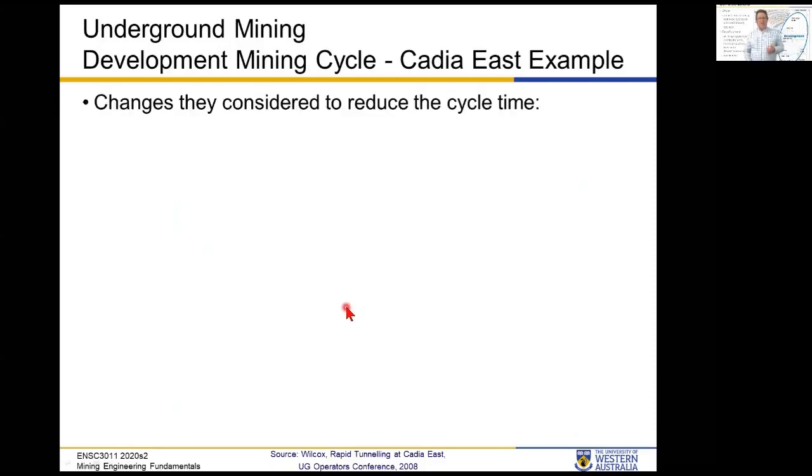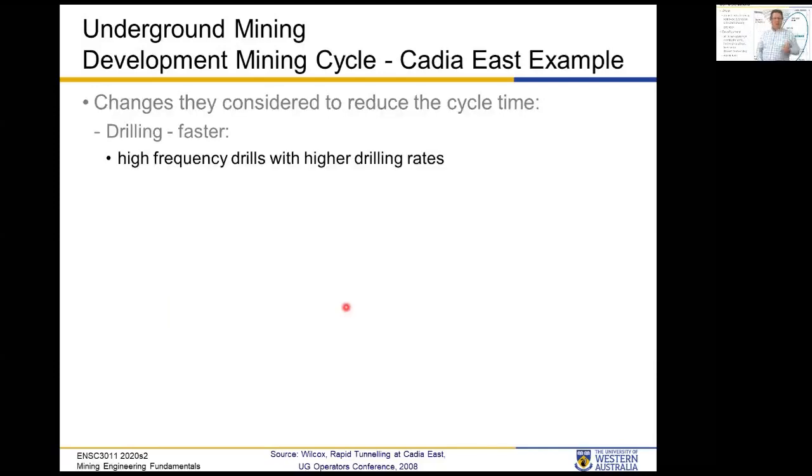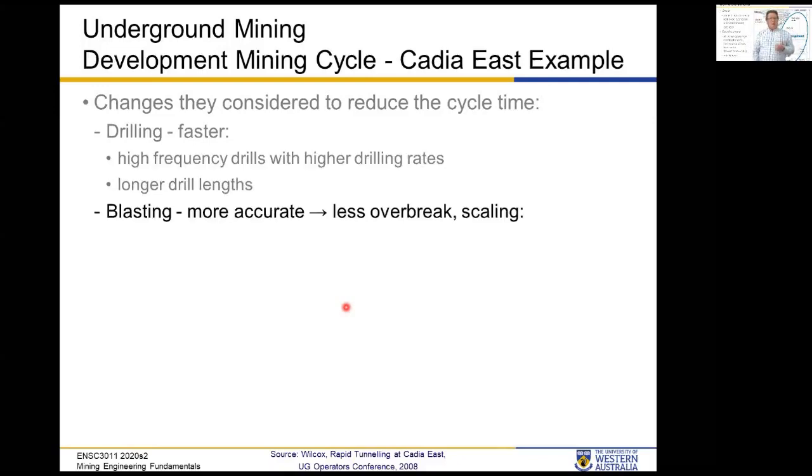Things they considered to reduce the cycle time: drilling faster, using different drills. Drilling longer, why only 3.5 meters? They tried 5 meters. Blasting more accurately, which should lead to less overbreak. Overbreak is where you blast and fragment it past the design shape, and less scaling, so fewer loose boulders.